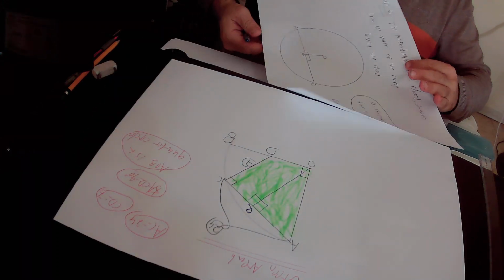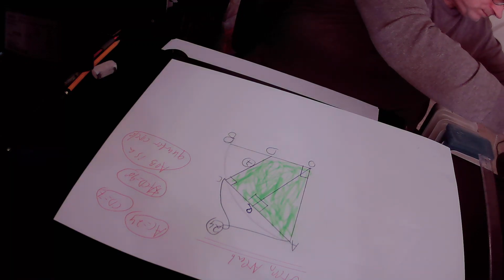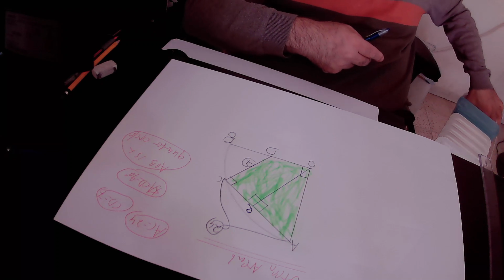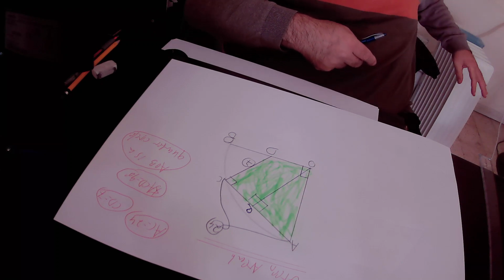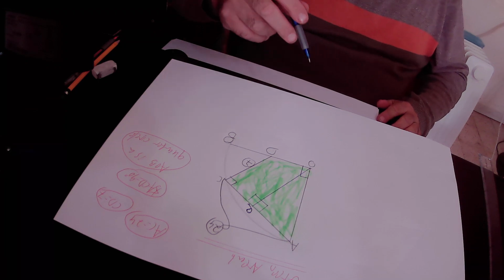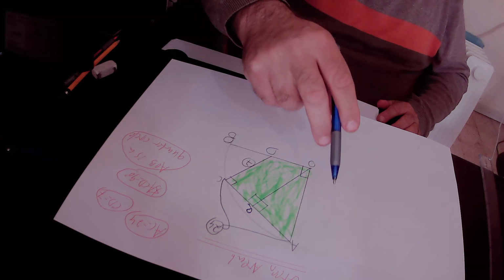Why? Because in our drawing, from point O, that is the center of the circle, we draw perpendicular on chord AC.